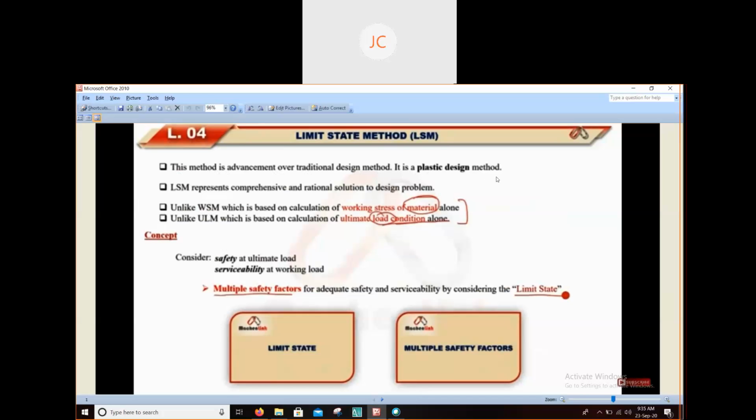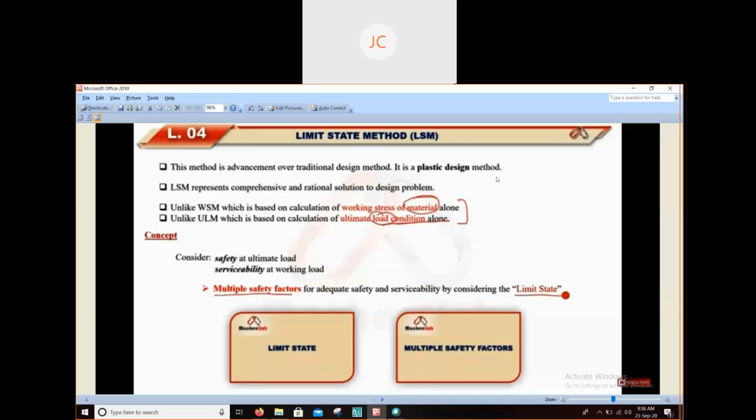But after some time you will see that it starts to deform. If you remove the load also, the deformation will remain the same. So at that particular time, you can say that the deformation is plastic. That means it is your permanent deformation. So in limit state method we will consider that plastic region also. That's why it is also known as plastic design method.